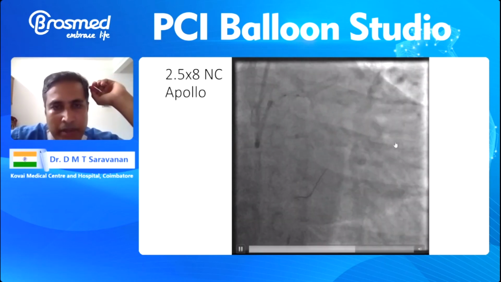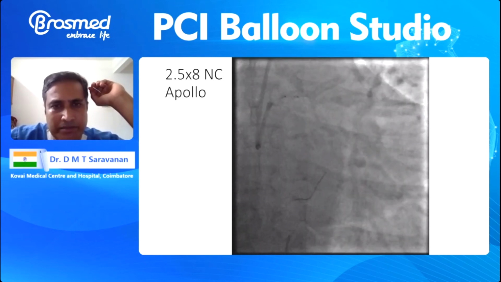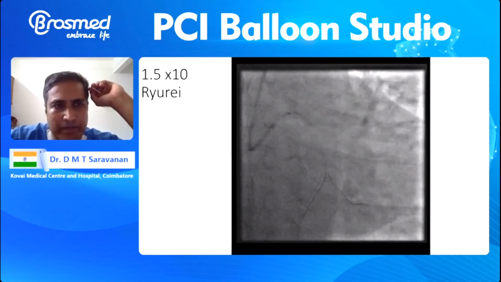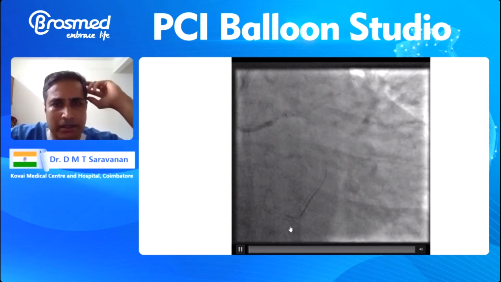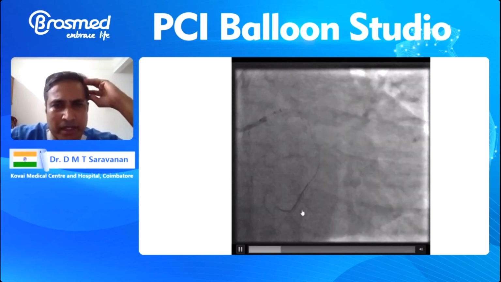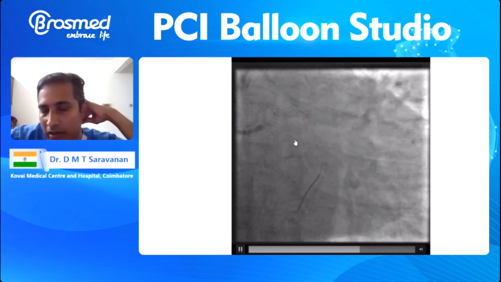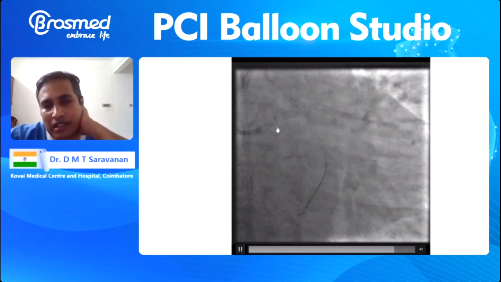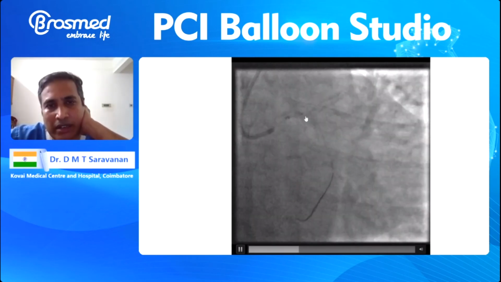So I used a buddy wire and tried, didn't work. Tried the same balloon with the buddy wire, and I couldn't get it. I got a guide extension after as well, and a little bit of support. Still couldn't get across.